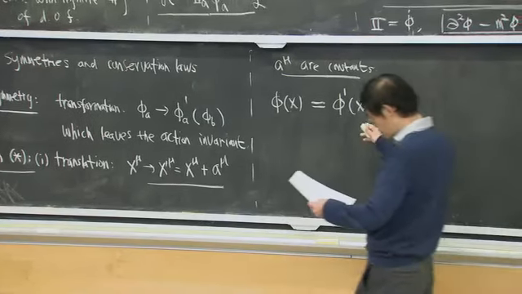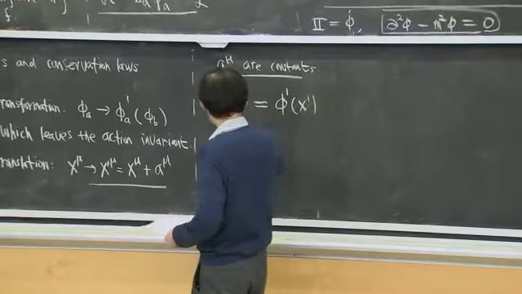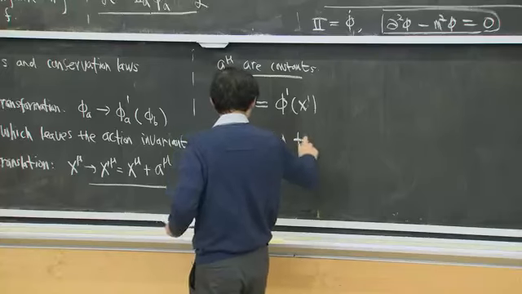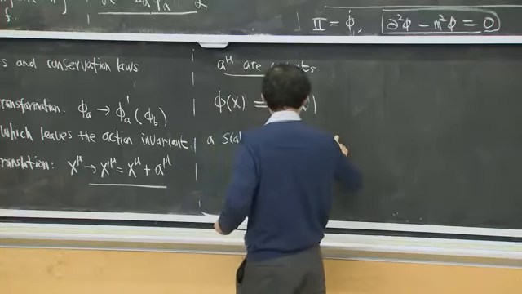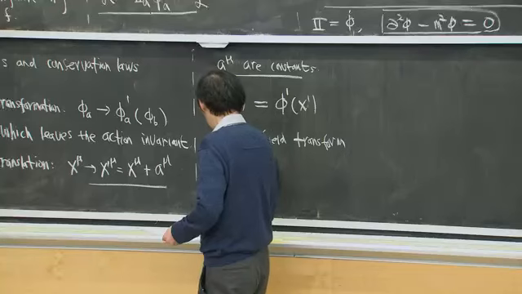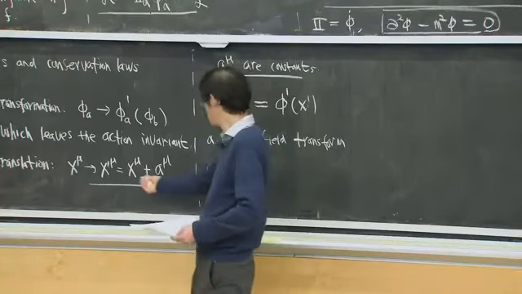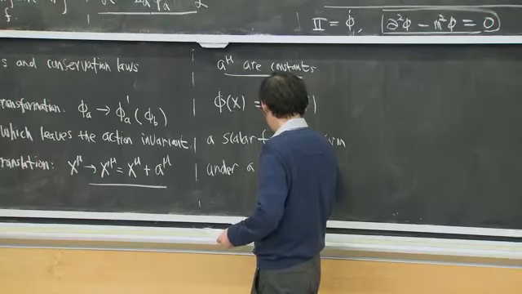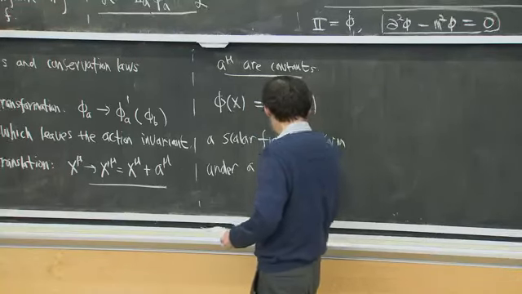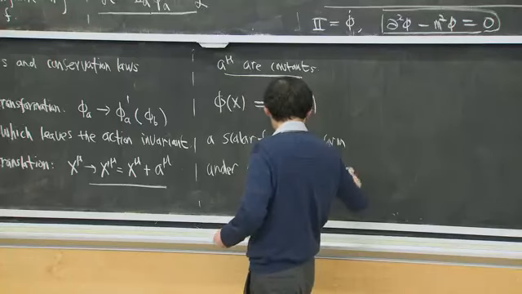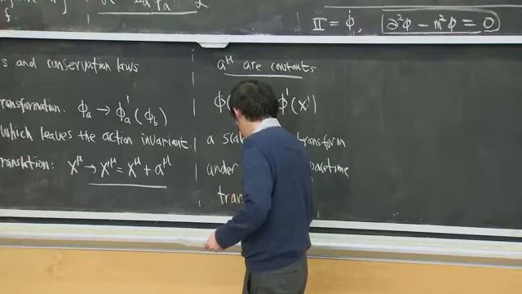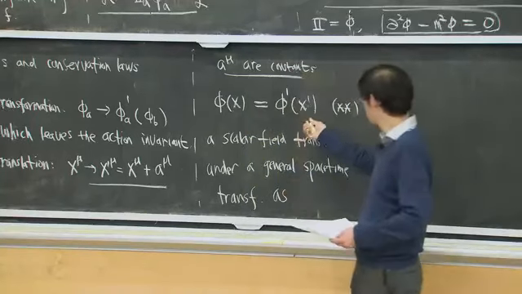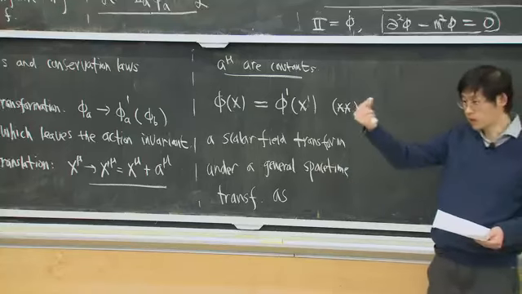So suppose the phi transform like this. A scalar field should transform as this under a general space-time transformation. So you change the label, but the value of phi should not change.